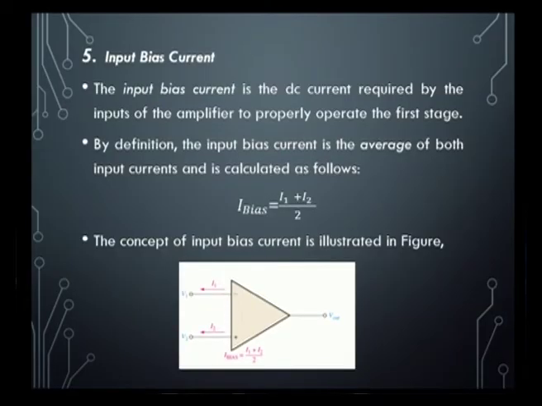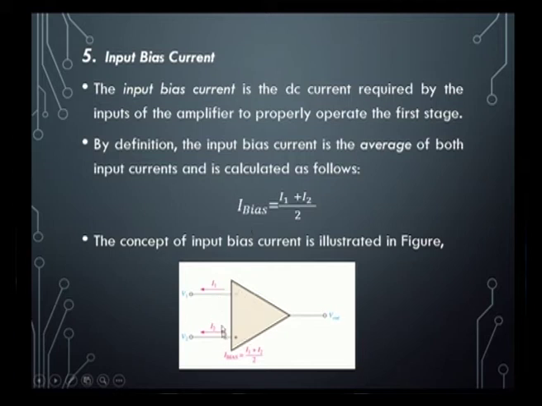For making the first stage start, this current is helpful, and the input bias current is the average of both input currents, calculated this way: the average of I1 and I2 is called the input bias current.